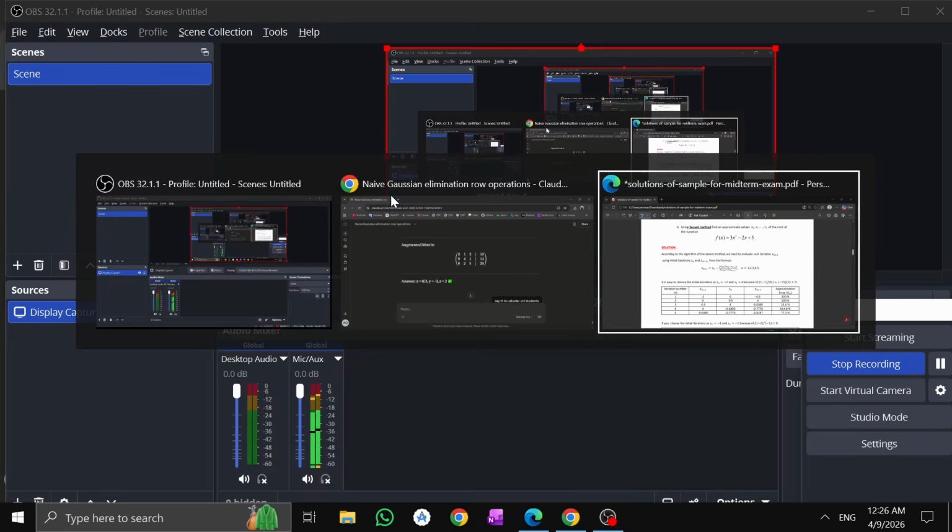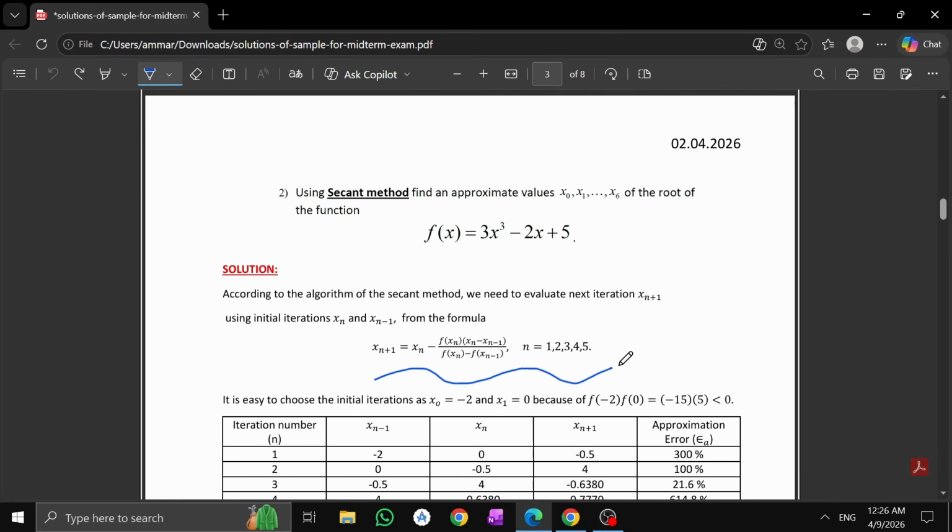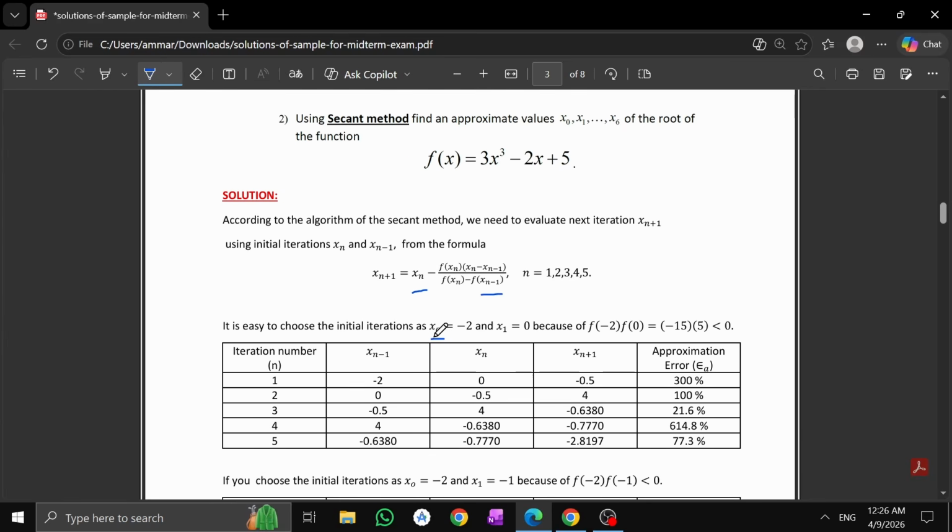So we're gonna start with the first question, which is the secant one. You know the secant formula that gives us a new point, and we have a previous point and a point previous to the previous. So if he gives you the previous points, which are our x0 and x1, then you're okay. But if he doesn't give them to you in the question, he will give you, by the way, this equation.